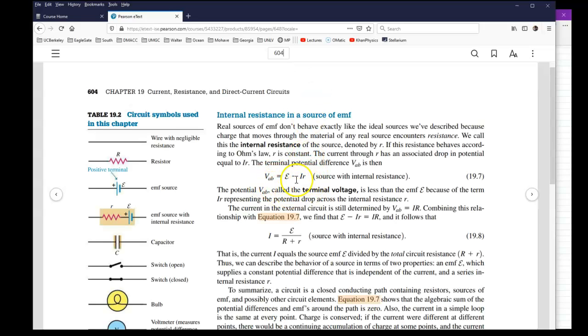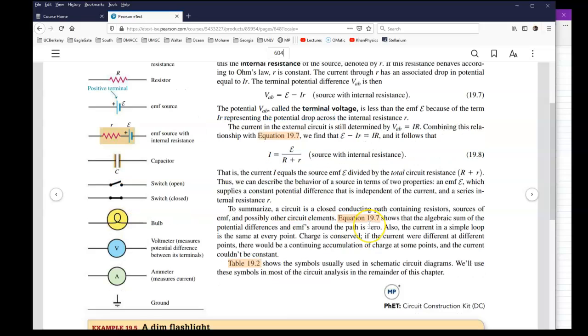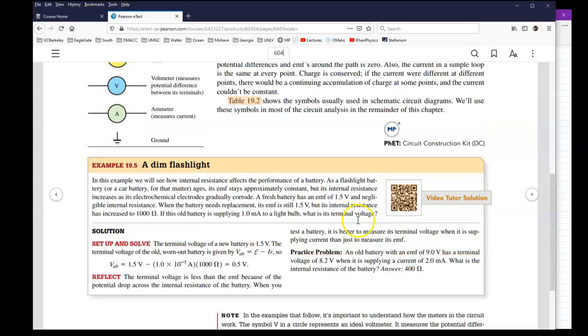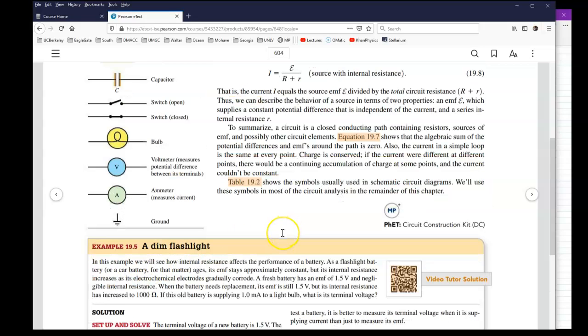Here's what I told you about. Here is the internal resistance. This is the EMF, and this is Ir, the internal resistance times the current, and this is the terminal voltage. He called it A and B, V sub AB. I like to call it V sub T. V sub AB is basically what I call the terminal voltage.